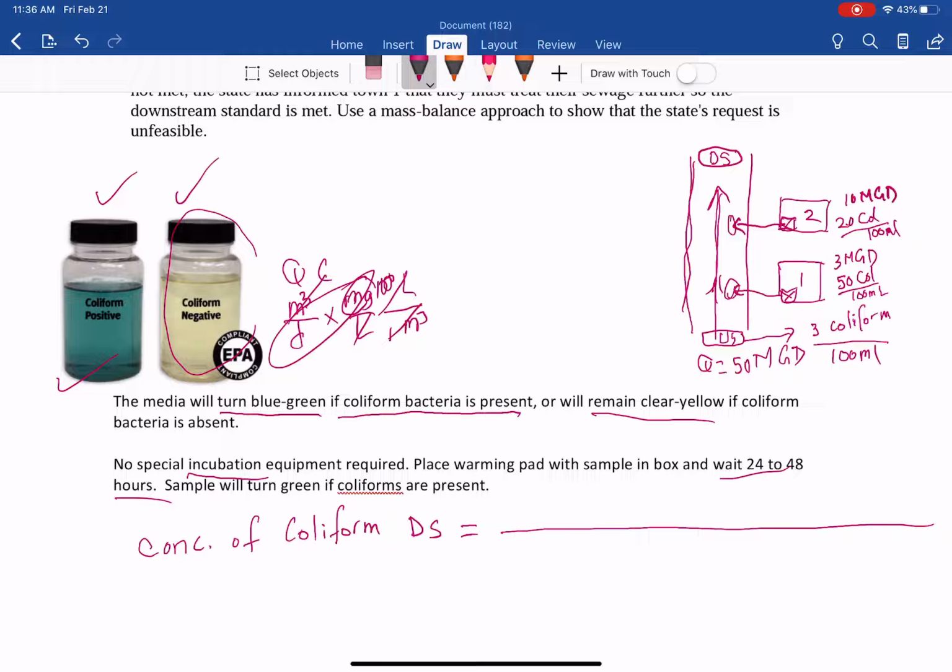So we have to put what is the first loading of coliform. Remember the upstream, it's 3. I'm not going to put units because we know at the end we have to cancel out all these units.